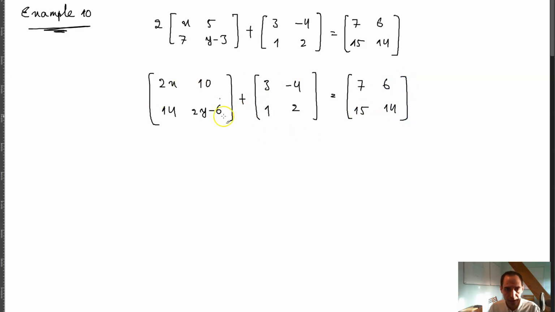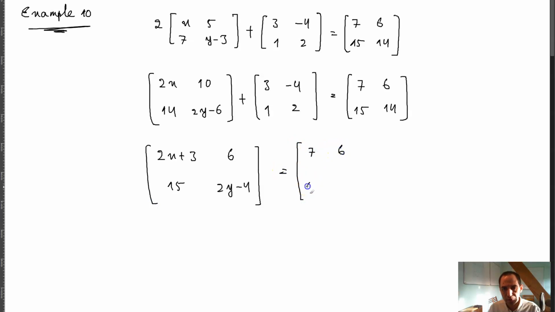Then I can add these two matrices together, meaning that this becomes 2x plus 3. 10 plus -4 is equal to 6. 14 plus 1 is equal to 15. And 2y minus 6 plus 2 is equal to 2y minus 4. That is one matrix which is equal to this matrix, 7, 6, 15, 14.